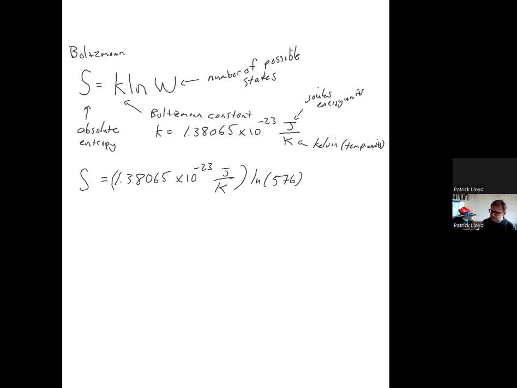So there were 576 possible states. Okay. Now notice what happens to the units. The number of possible states doesn't have any units, so that's unitless. The units here are joules per Kelvin, right? Joules divided by Kelvin. So that means the entropy is going to be in joules divided by Kelvin. And those are the units of entropy. Typically they are joules per Kelvin or kilojoules per Kelvin, something like that.